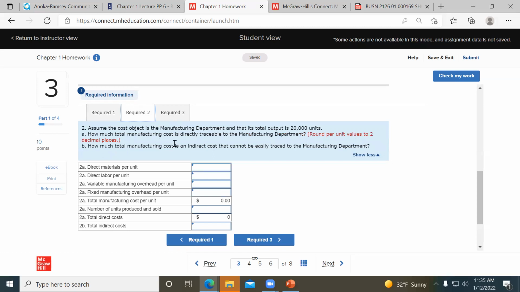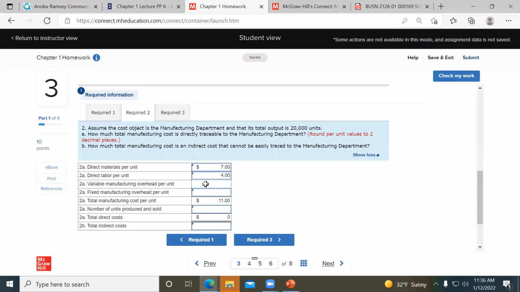Assume the cost object is the manufacturing department and that its total output is 20,000 units. How much total manufacturing cost is directly traceable to the manufacturing department? How much total manufacturing cost is an indirect cost that cannot easily be traced to the manufacturing department? Again, our direct materials per unit was 7. The labor was 4.